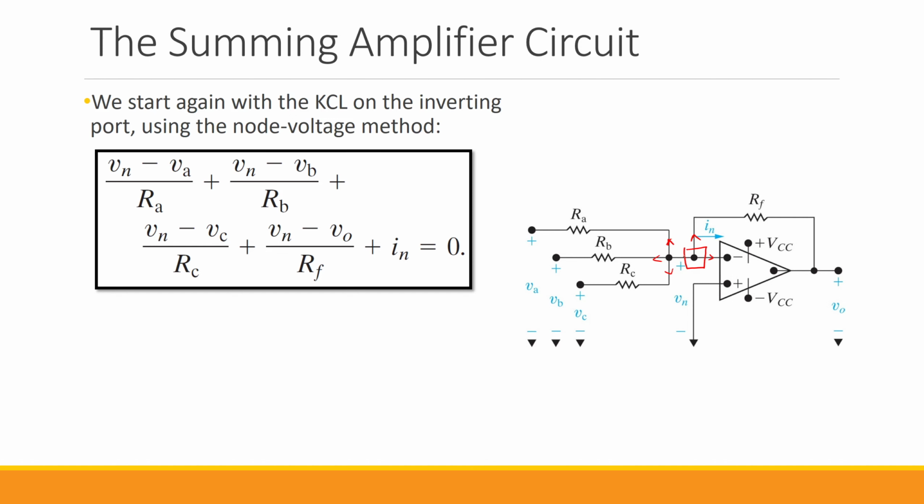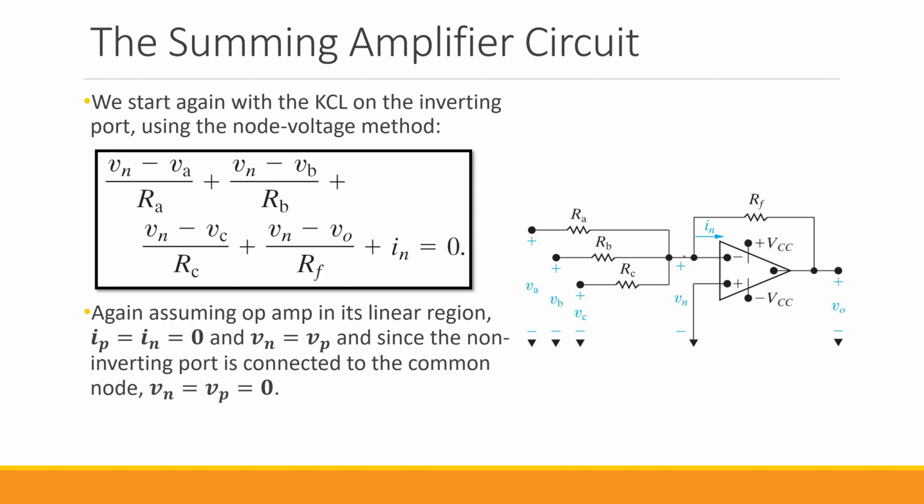And now it's time to use the constraints. We have Ip equals In equals 0, and then we have Vn equals Vp. Since Vp is 0, because the non-inverting input is connected to the ground or the reference node, that makes Vn 0 as well.